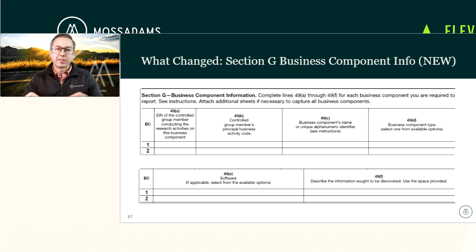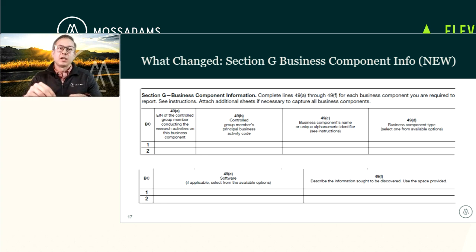You have to rank them by QREs in descending order, focusing on your most significant research projects. Anything beyond the top 50 will get aggregated, and then it gets reported at the bottom as aggregate BCs in column 49C.